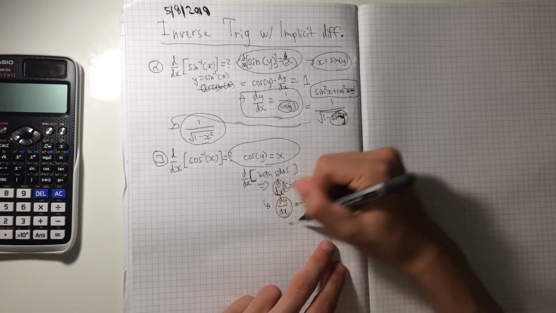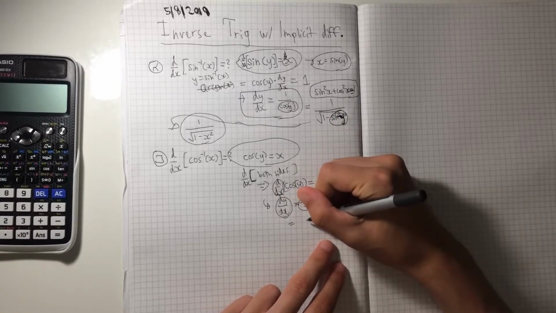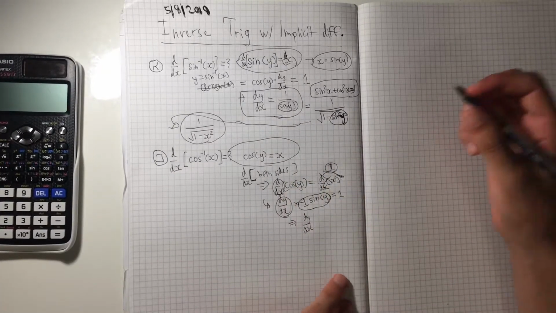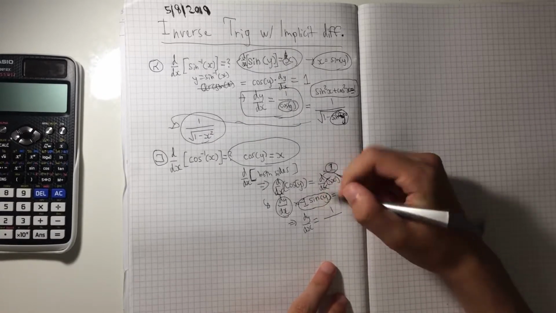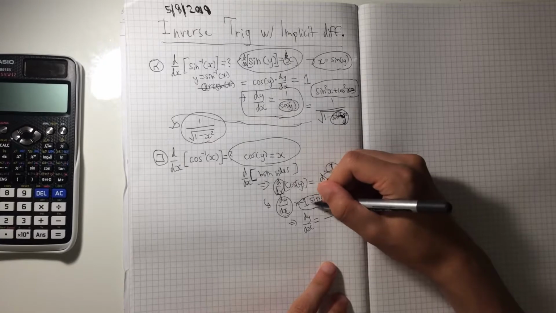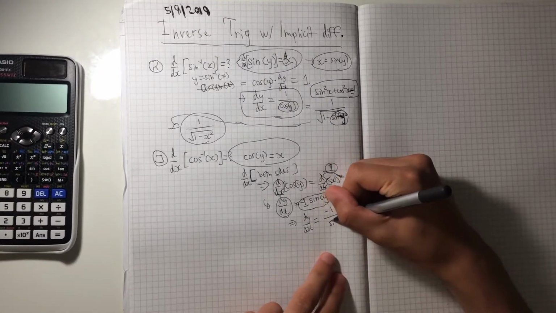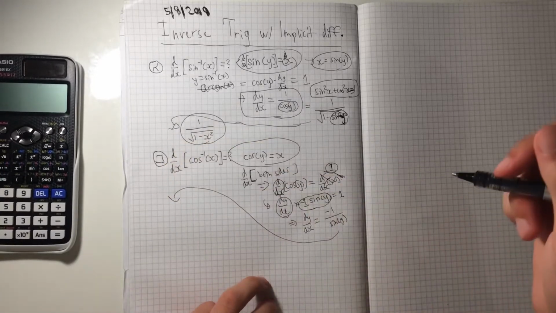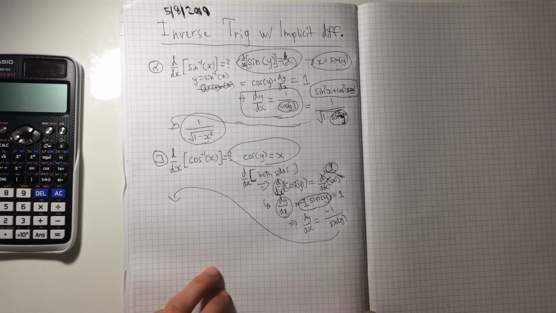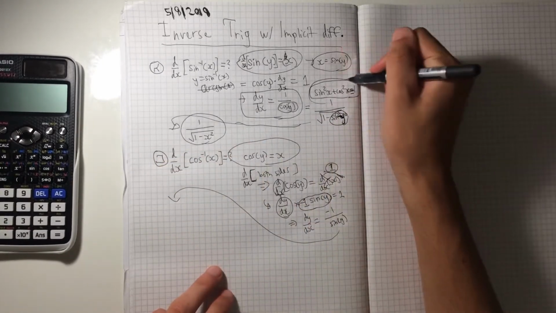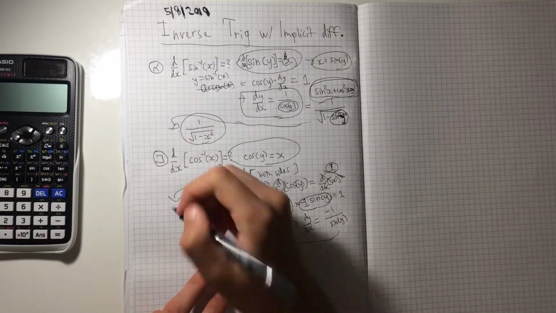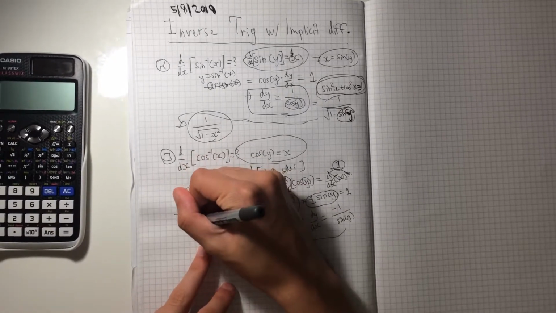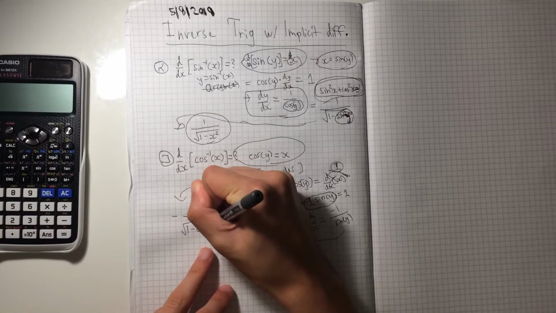Then we can divide both sides by this, and we end up having dy over dx equal to minus 1 over sine of y, because we are dividing by minus sine of y. Now if we apply the same trig identity as we did here, we end up having minus 1 over the square root of 1 minus cosine squared of y.